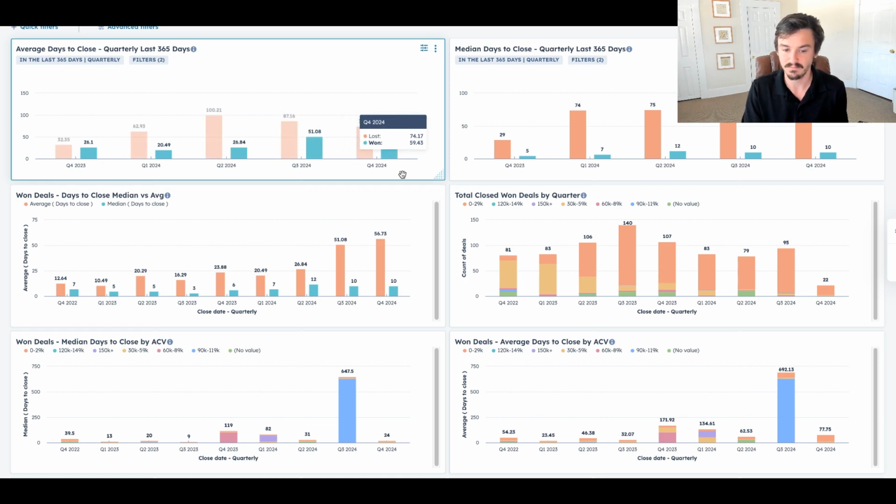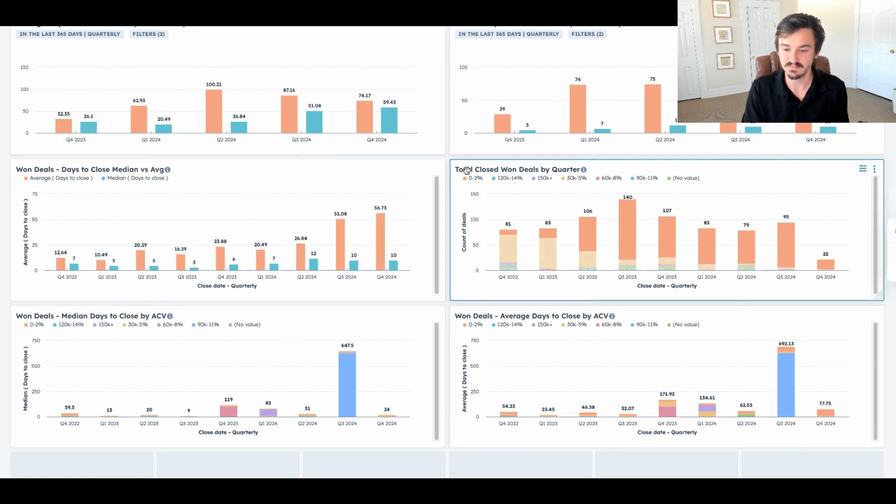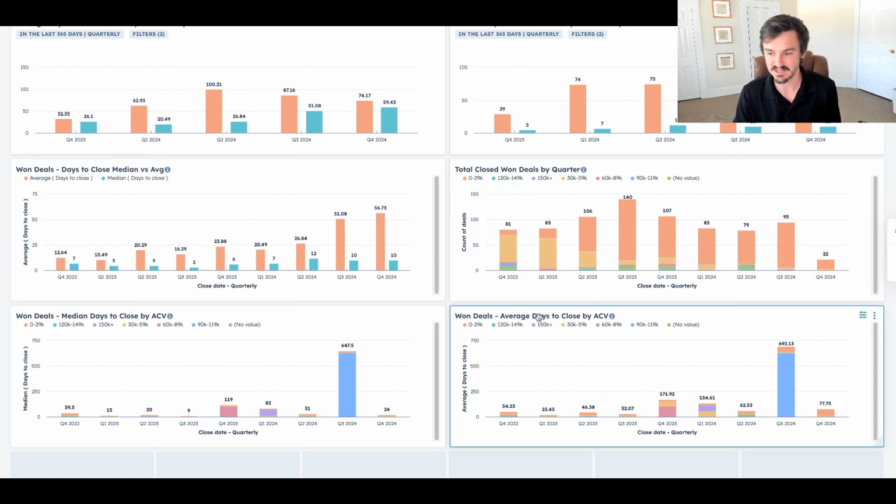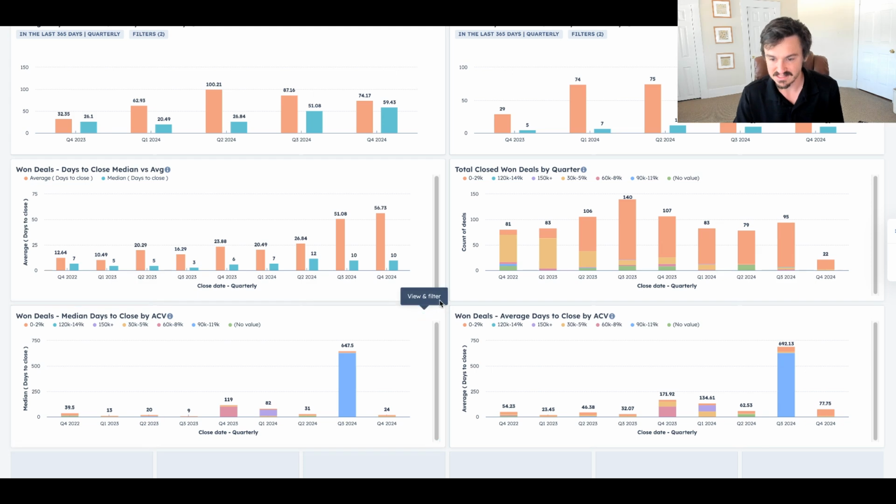is a big problem. So now what we need to do is go even deeper and split it out by median days versus average days to close by bucket and see what's going on.